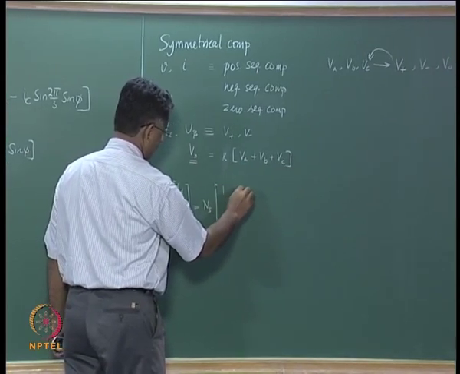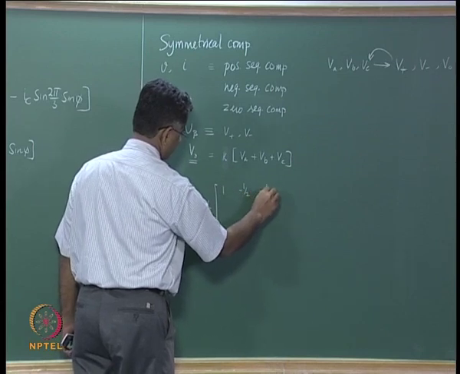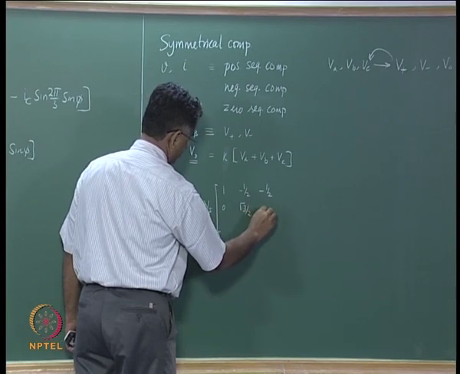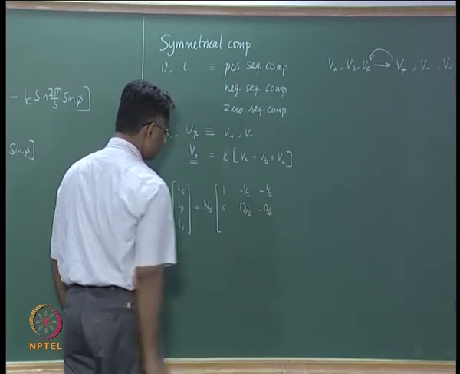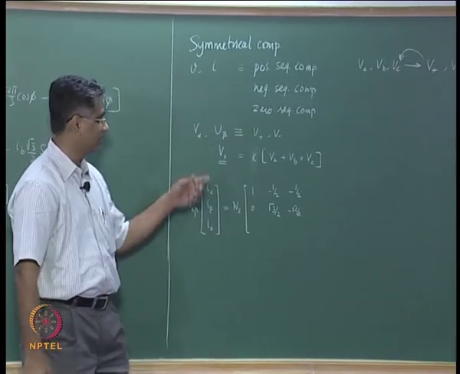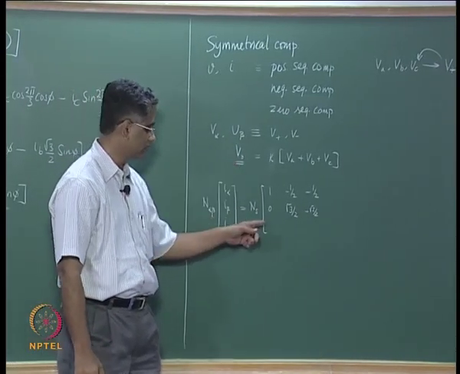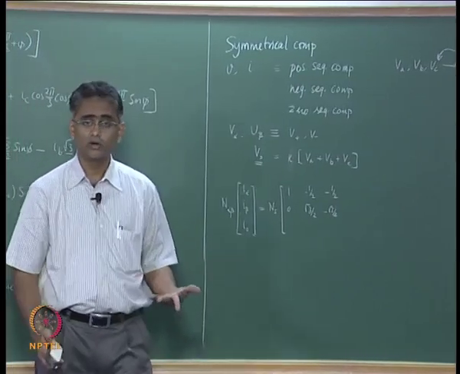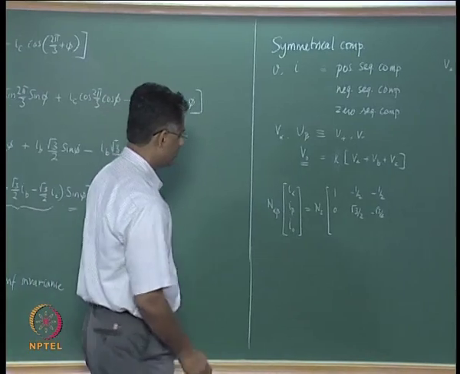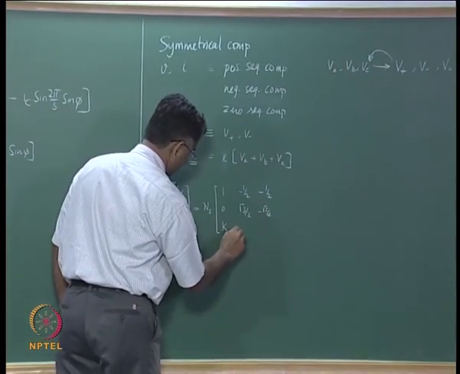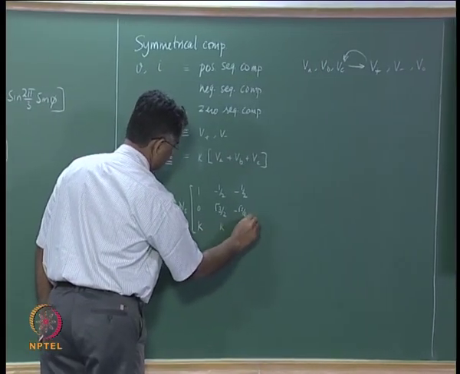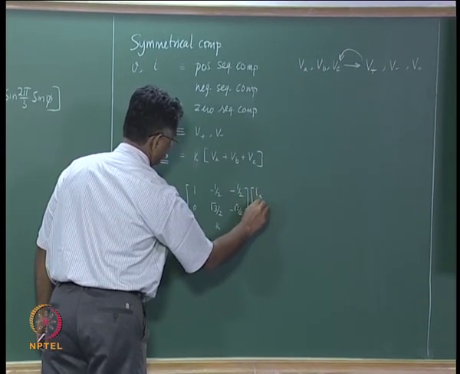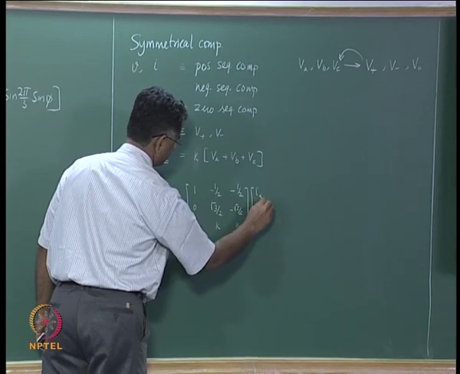Here you have 1, minus half, minus half, 0, root 3 by 2 and minus root 3 by 2. If you want the exact I0, then you should have put 1 by 3, 1 by 3, 1 by 3, but that is not really necessary. What we want is a representation of that, so I could as well put k, k, k, and then this would be IA, IB and IC.